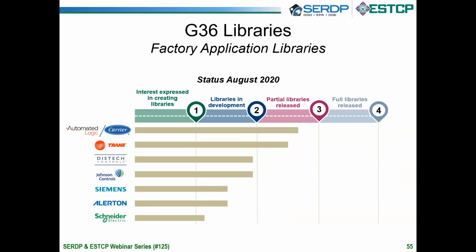Many of them have publicly stated that the libraries are in development, but only a couple, at the time of this chart, ALC and Trane, have actually released any libraries, and what they've released is just a partial set of Guideline 36, not the full Guideline 36. There's still a little ways to go to get to full libraries. I can say that since we created this graphic, Schneider Electric has released some partial libraries also.